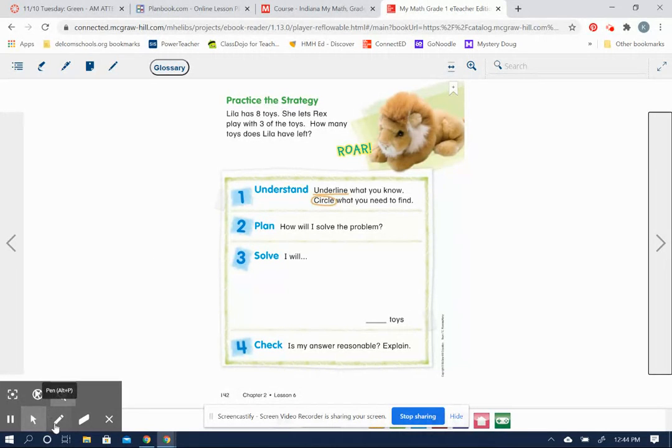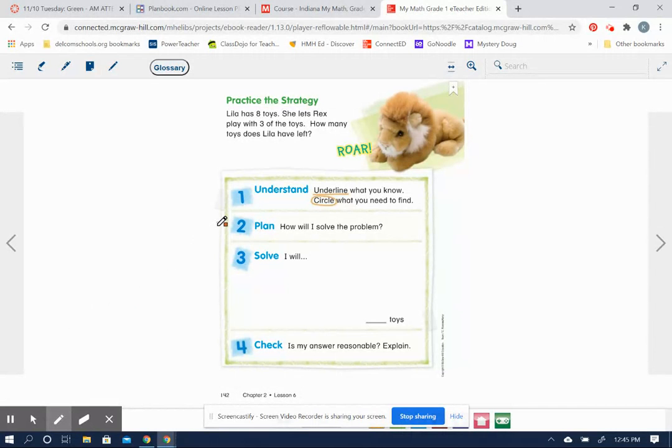Now, I'm going to see if I can click on this pencil. I should have been doing that before. I'm going to try to underline what I know. Okay, so Lila has 8 toys. And I also know that she lets Rex play with 3 of them.